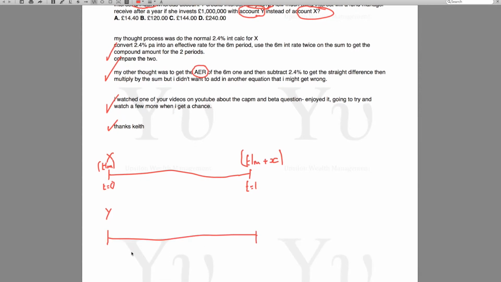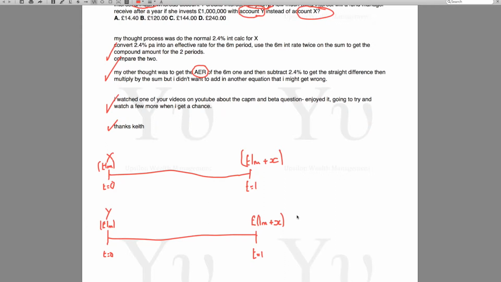Time equals 0, we invest £1 million. And when time equals 1, we have £1 million plus X. Or do we?